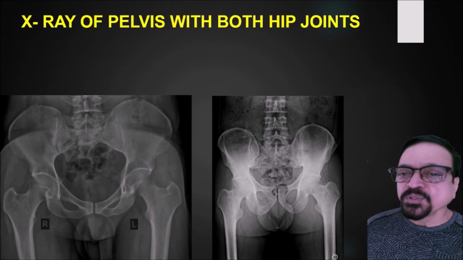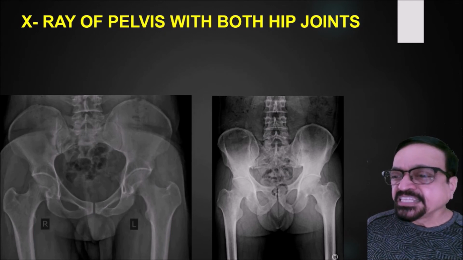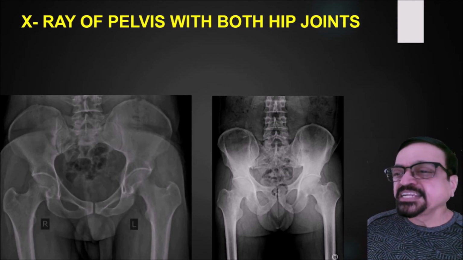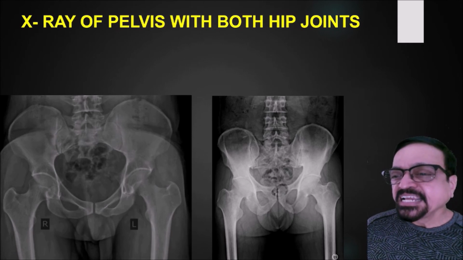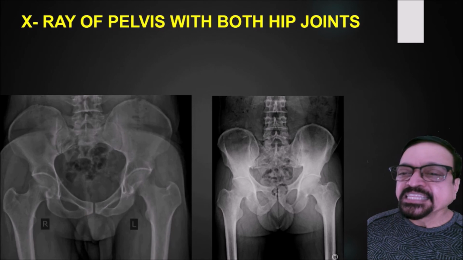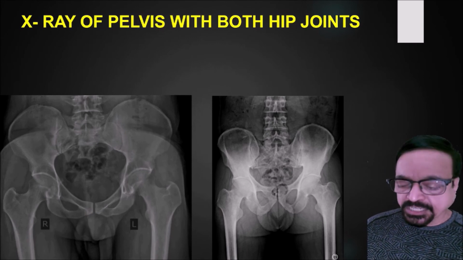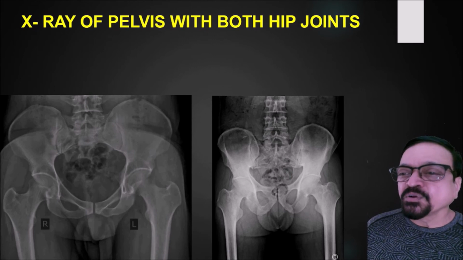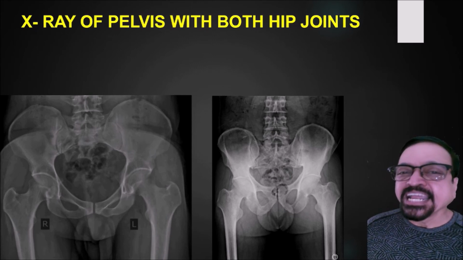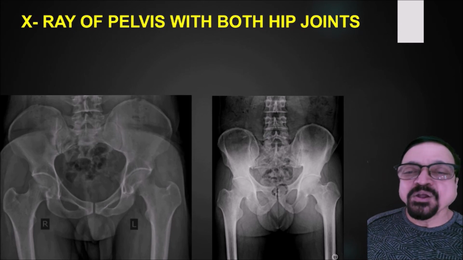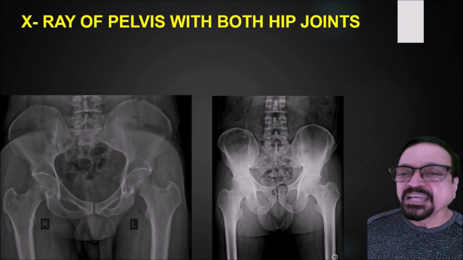If you see both sides, right side and left side, at least on one side some internal rotation is achieved, but on the right side there is improper rotation that will result in shortening of the neck. So neck pathologies cannot be commented on if your internal rotation is not correct, number one. Number two, if the patient is slightly tilted. Now how you know the patient is tilted or not is because of the position of the ilium.